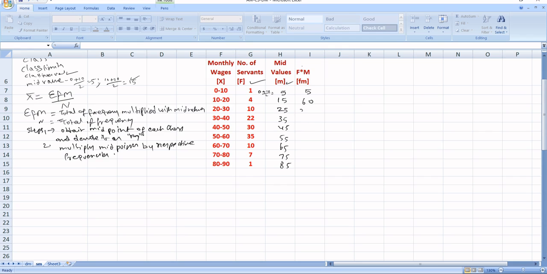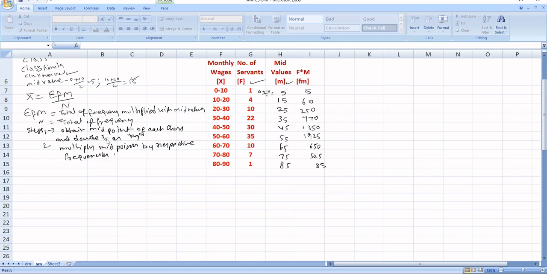This comes to 250, okay students, and this comes to 770, and this comes to 30 into 45, 1350, and next 35 into 55, 1925, and next 10 into 65, that is 650, 7 into 75, that comes to 525, and 1 into 85, that comes to 85. Okay, so in this way you have to multiply them.